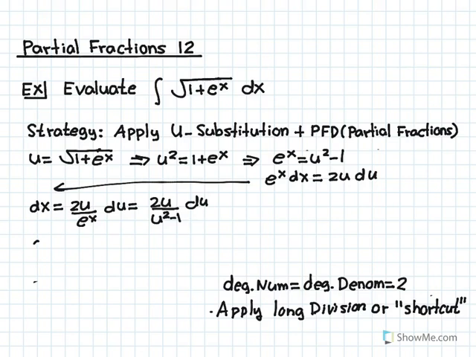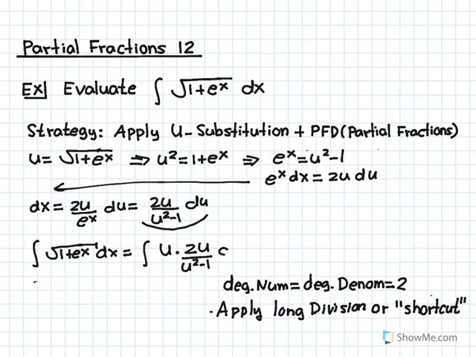So what we have is the integral of root of 1 plus e to the x dx. That's equal to the integral of u times dx, which in terms of u is 2u divided by u squared minus 1 du.